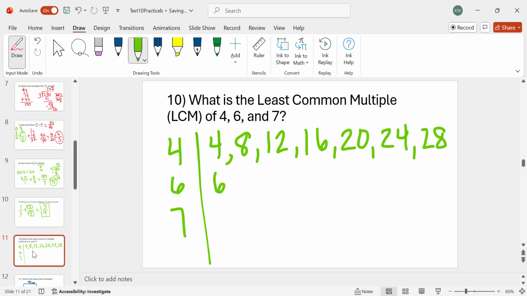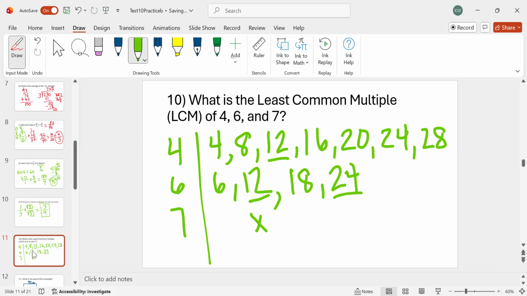We've got 6 times 1 is 6. 6 times 2 is 12. So that is a common multiple for 4 and 6, but it is not for 7. Okay, so let's keep going. 6 times 3 is 18. 6 times 4 is 24.